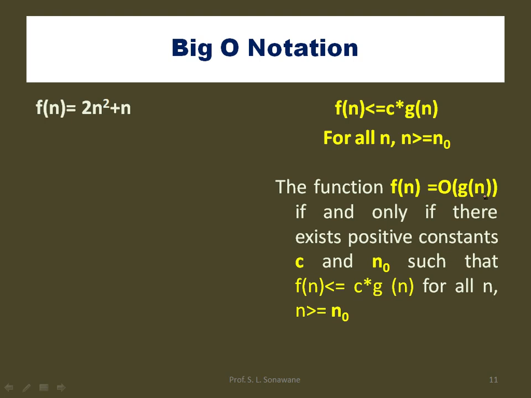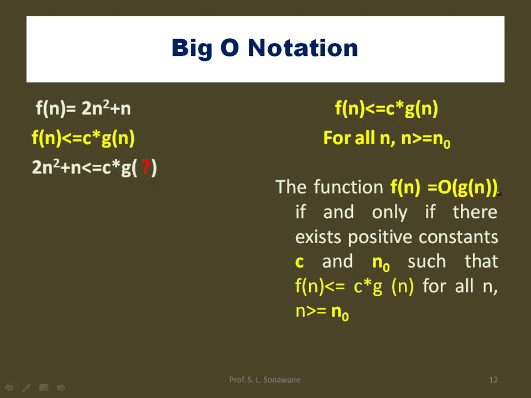For that purpose we have taken one function. Here our function is f of n equals 2n square plus n. Now we have to satisfy this condition, where c and n0 are both positive constants, to prove that f of n is equal to big O of g of n.